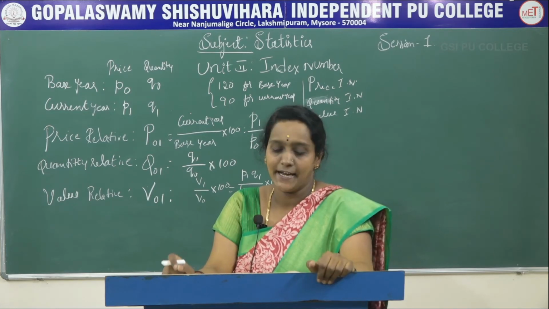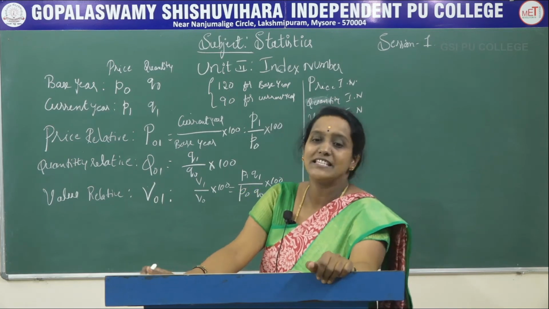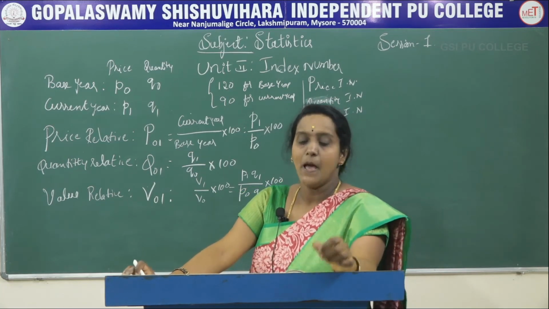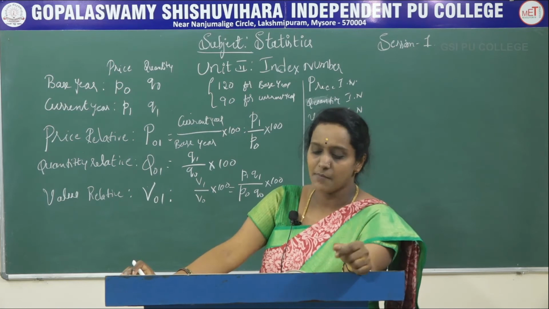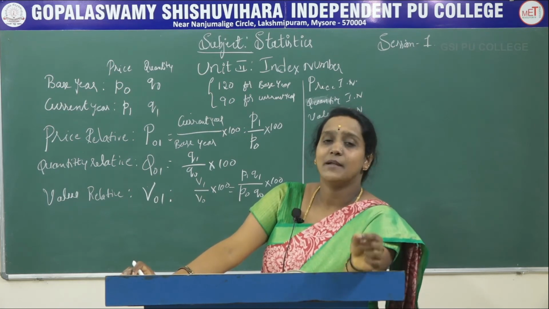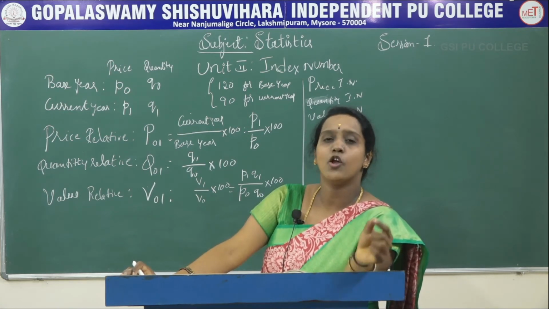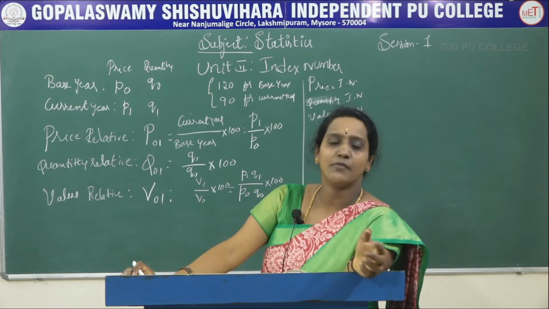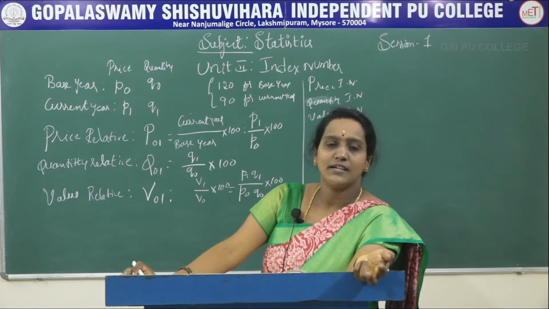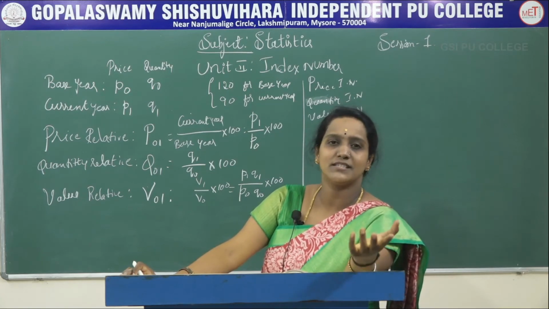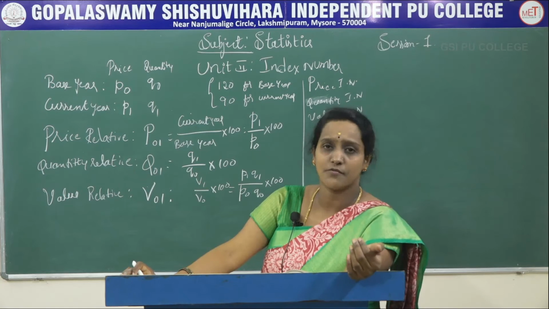And the second thing is selection of base year, which is very important, because the base year should always be economically stable. We cannot take 20 years or 30 years old data as the present data; it should be within 5 or 10 years, then we can predict the future values.